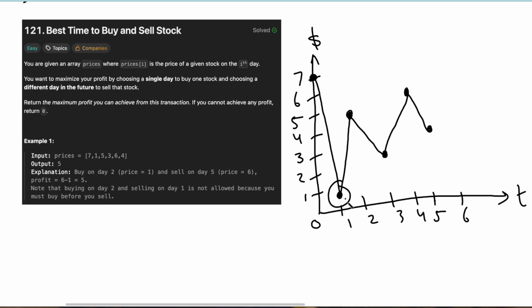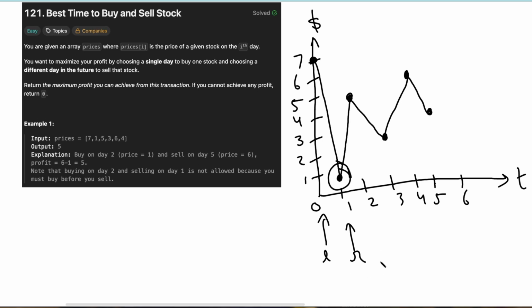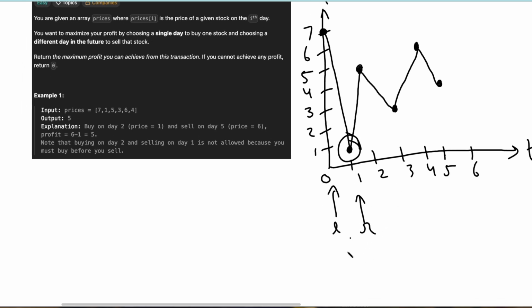We want to buy at the minimum value and sell at the highest value. Now, obviously, the highest value has to come after the leftmost point. So how do we do that? Well, we're just going to use 2 pointers. The left pointer is going to point at the start, and the right pointer is going to point at the index right after it.